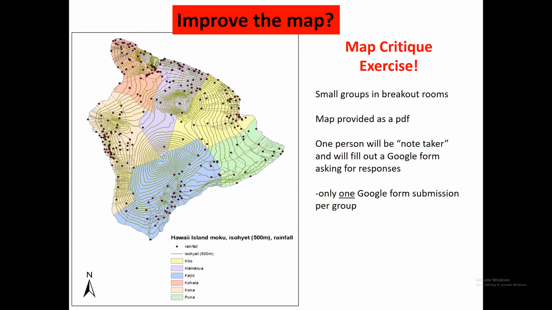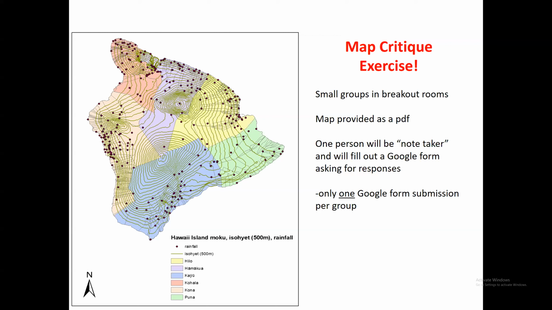Yes. Is it necessary to have an inset map? So again, it depends on the audience. An inset map definitely could be included here. There's plenty of open space, and I could imagine in the upper right hand corner you could have an inset map showing the Hawaiian Island chain, or the position of Hawaii Island within the larger Pacific.